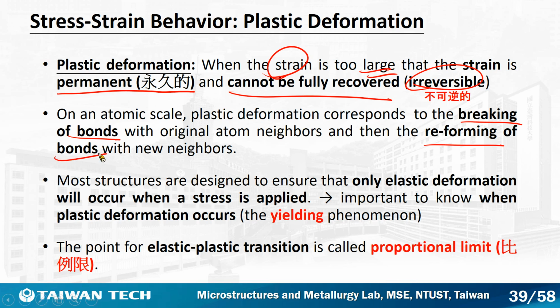bonds. Just like, first we have a perfect crystal with a slip plane here. And then we have an edge dislocation with an extra half plane. After it moves, the edge dislocation moves.